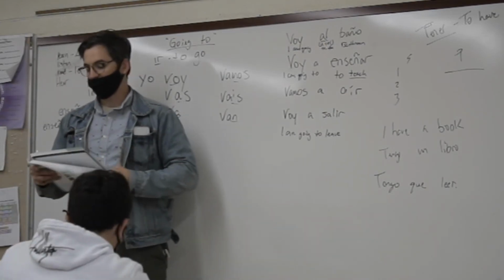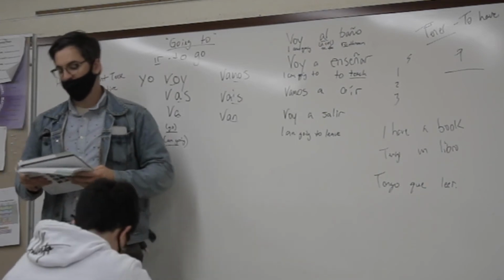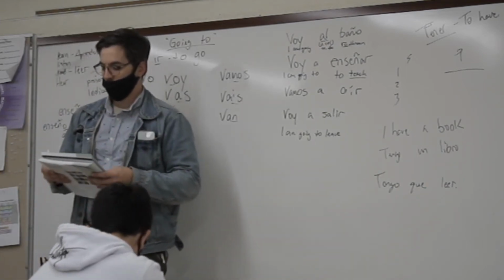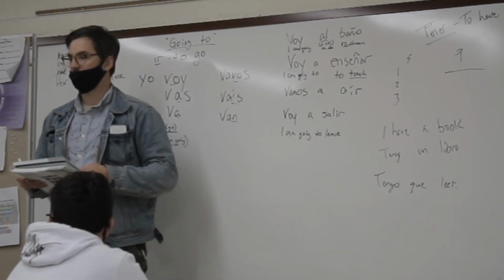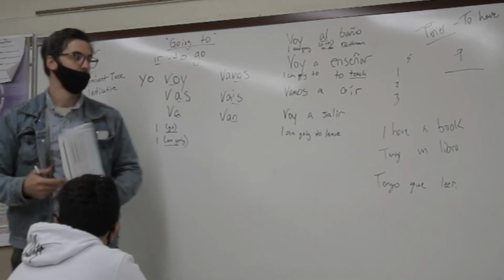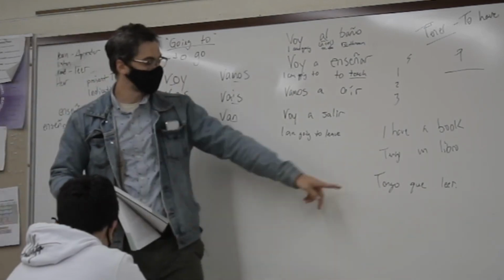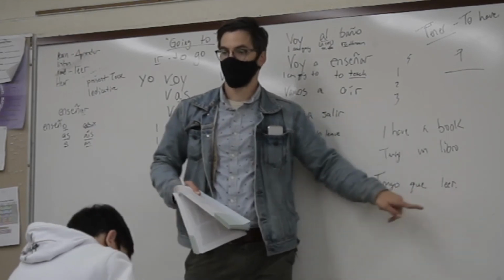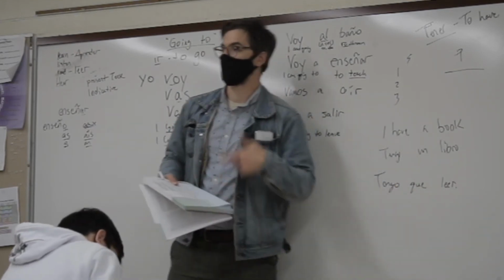And the second example says, another way of expressing an obligation, what you have to do, is to use the construction tener que and then plus el infinitivo. So in this case we have tener plus que plus the infinitive. I have to read. That expresses an obligation.